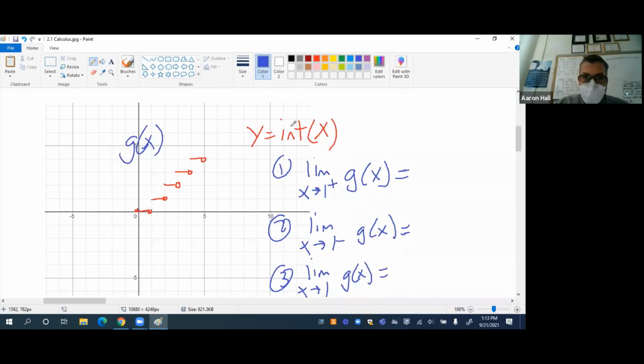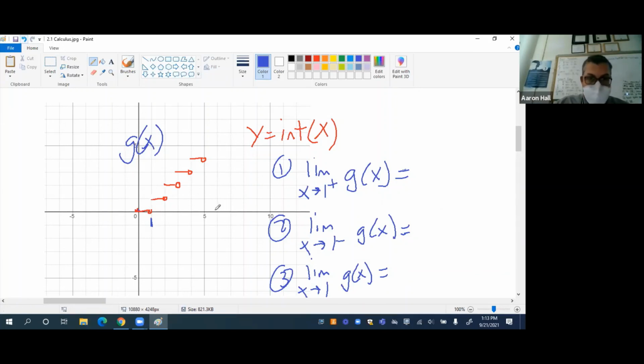Looking at this chart of the integer of X, what does this say? It's approaching from the positive direction, so I'm going to... I'm going to 1. Oh, that's wrong. I'm going from the right hand side, right?